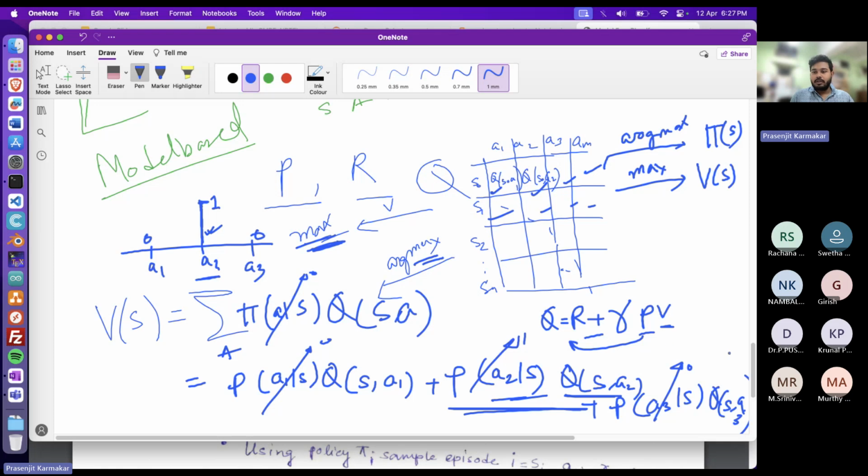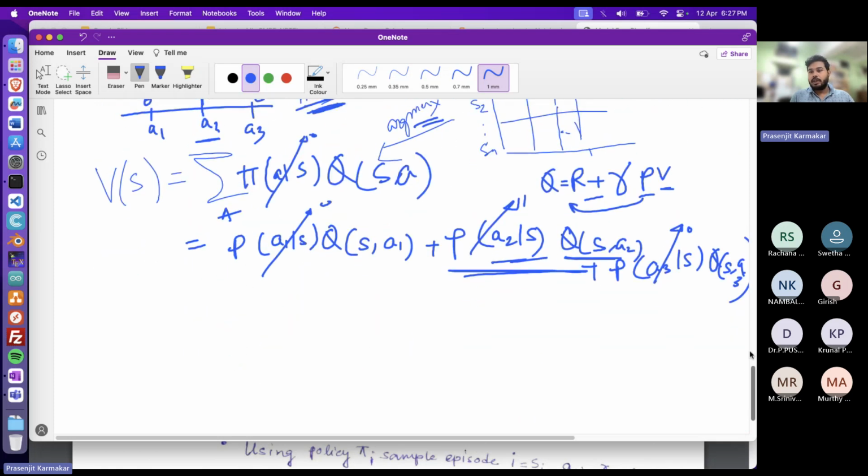But if I am in a model-free environment, where I don't have access to the P matrix and R matrix, I would only be observing Q values for those states which I visited. Let's say my maze looks something like this, my goal is here, and my agent starts at this position.